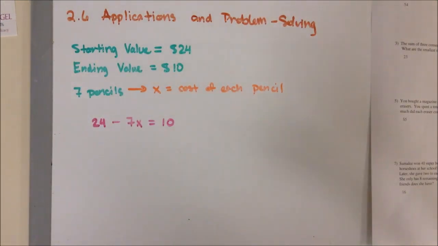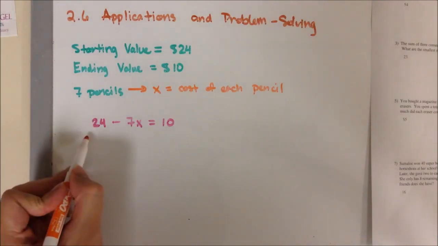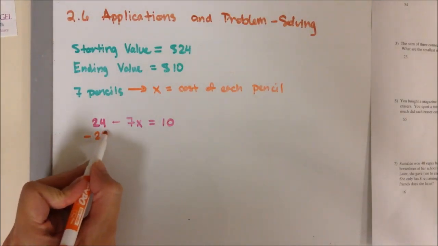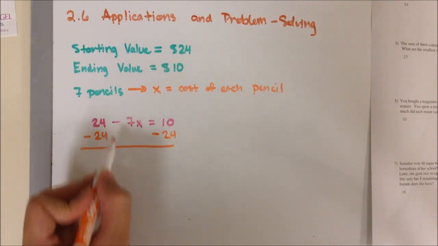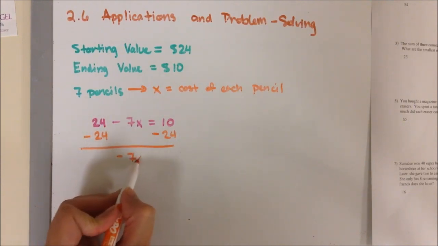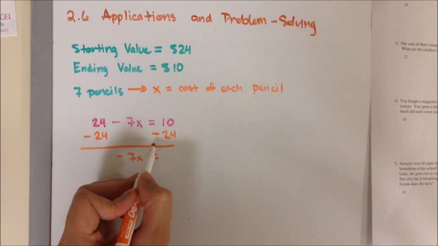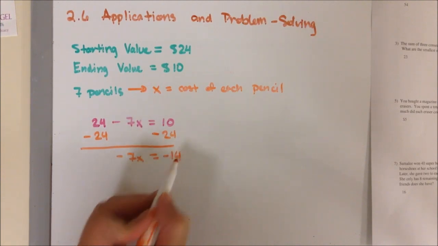To review, when you're buying something, spending something, you're taking the money from what you had in the beginning. Now to solve for this, I'm going to cancel out the positive 24, so the opposite is minus 24 on the left, minus 24 on the right. So I'm going to have negative 7x equals 10 minus 24, which is negative 14.